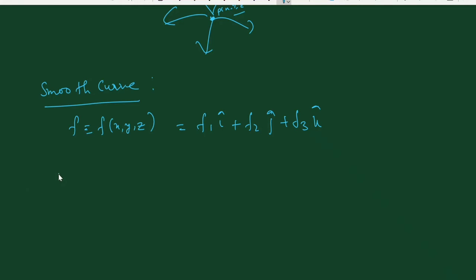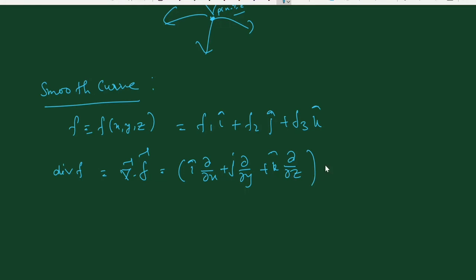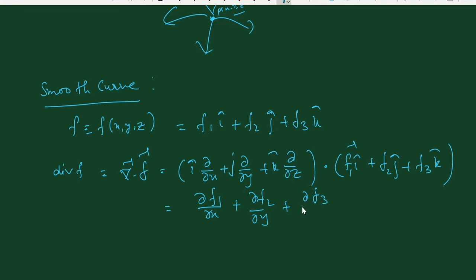So divergence of f is equal to, just remind this, (i del x plus j del y plus k del z) dot (f1 i cap plus f2 j cap plus f3 k cap). Just recalling, this is equal to del f1 by del x plus del f2 by del y plus del f3 by del z.